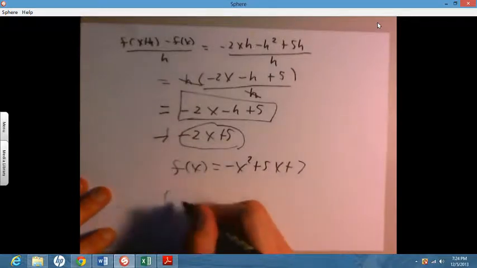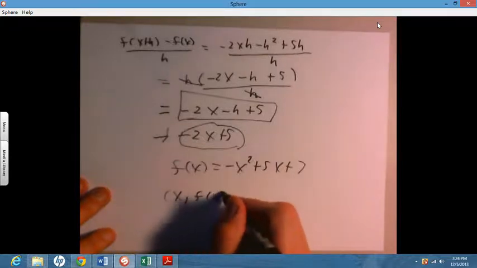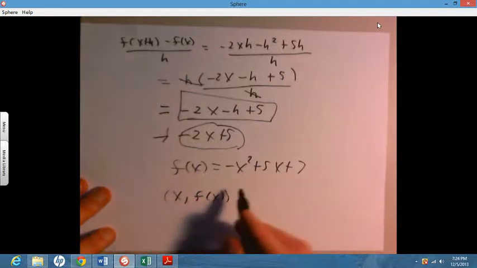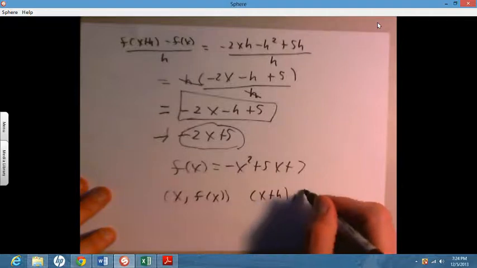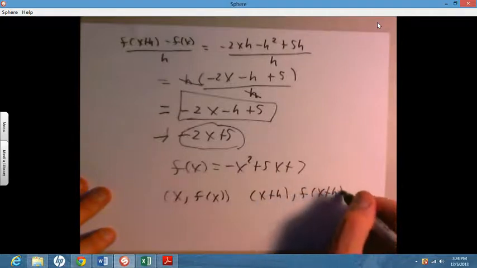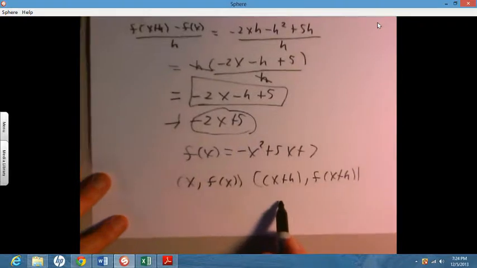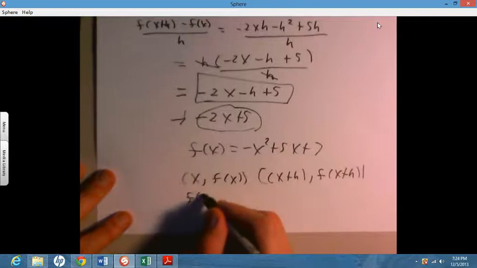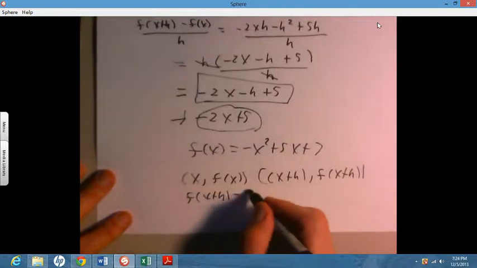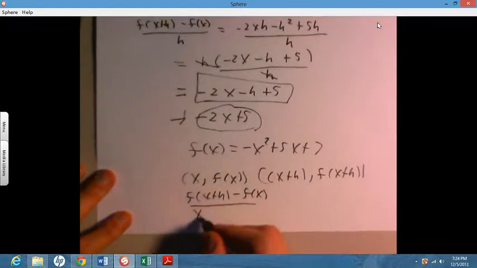So we have the point x and its corresponding y-coordinate on the function, and we have, say, x plus h and f of x plus h. So we have this point and this point, and if you calculate the slope between these 2 points, the difference in y is f of x plus h minus f of x, and the difference in x is x plus h minus x.